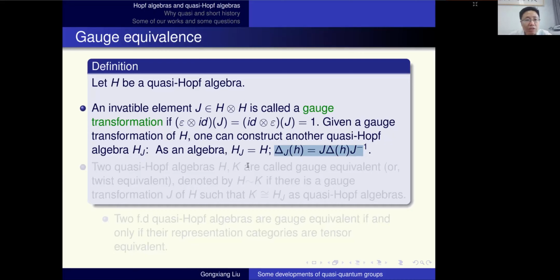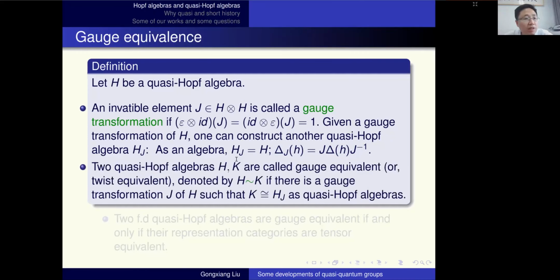From the gauge transformation, we get another concept. We call two quasi-Hopf algebras H and K gauge equivalent or twist equivalent, denoted by H sim K, if there is a gauge transformation J of H such that K is isomorphic to H_J as a quasi-Hopf algebra.